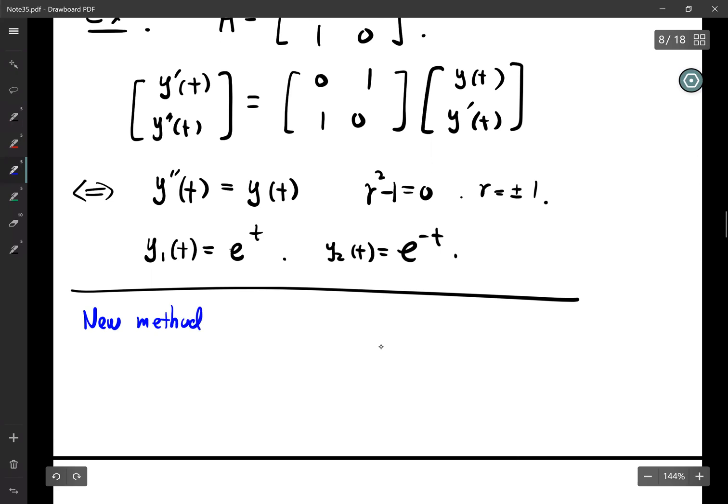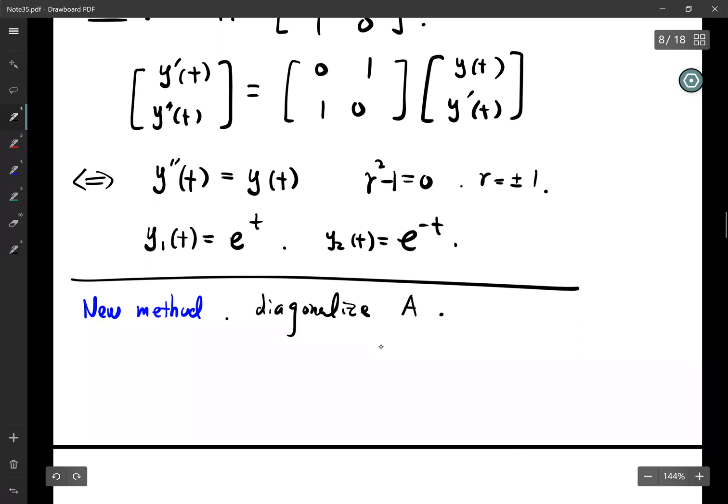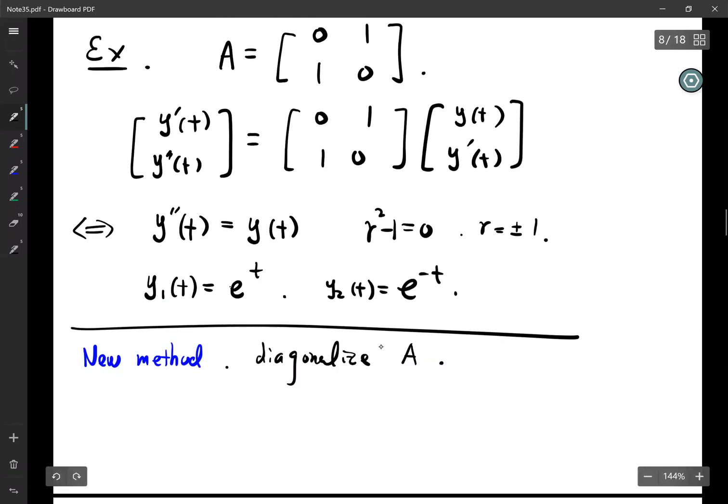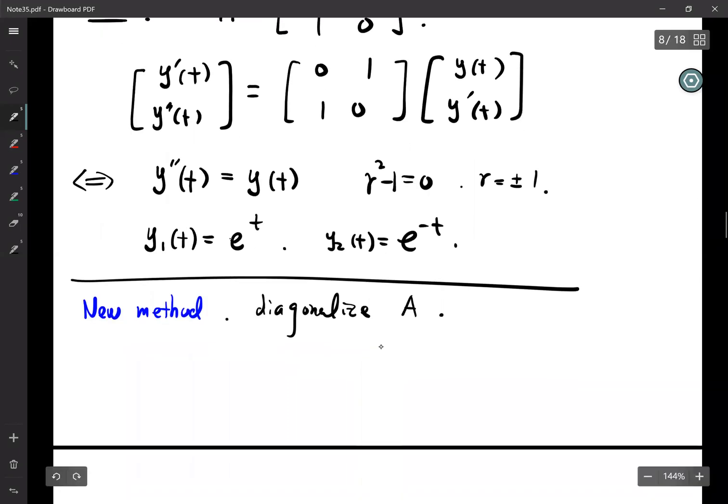The new method is to diagonalize A. I won't repeat the procedure, and you're now pretty familiar with that. First of all, I compute the determinant of A minus lambda I, and this is lambda squared minus 1 equal to 0.